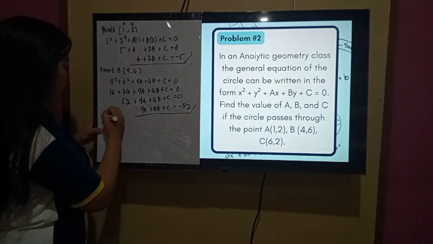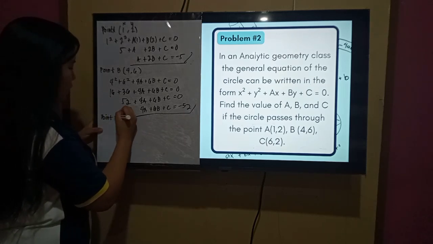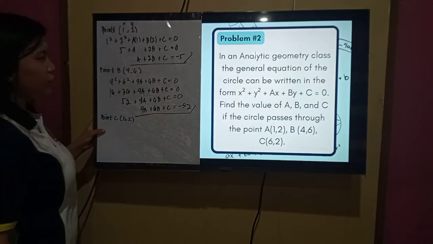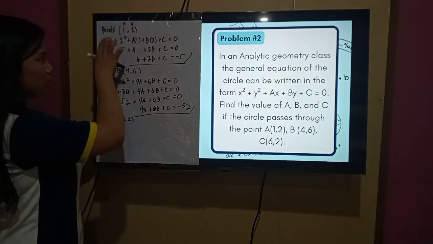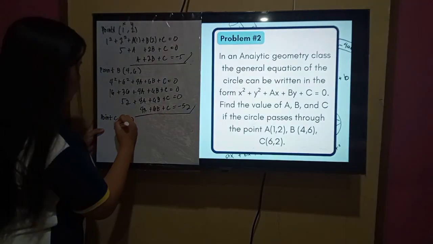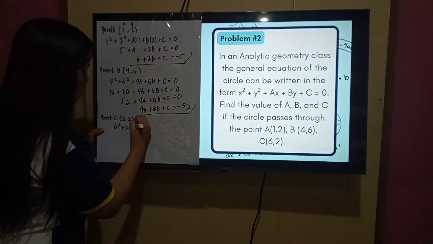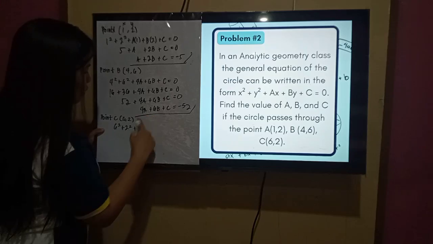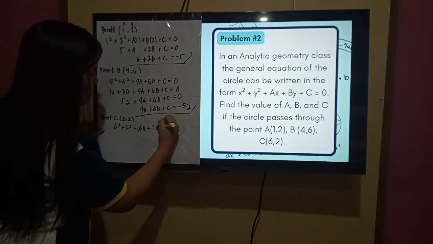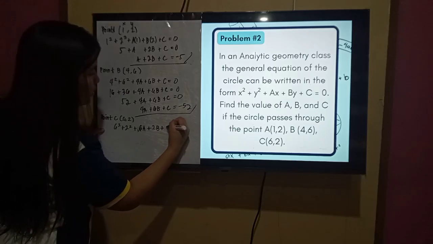We're going to do na yung ating last equation para masagutan na natin yung system of linear equation. So, ganun lang din, same sa ginawa natin kay point A tsaka kay point B, ganun din yung gagawin natin kay point C. So, 6 squared plus 2 squared plus 6a plus 2b plus c is equals to 0.